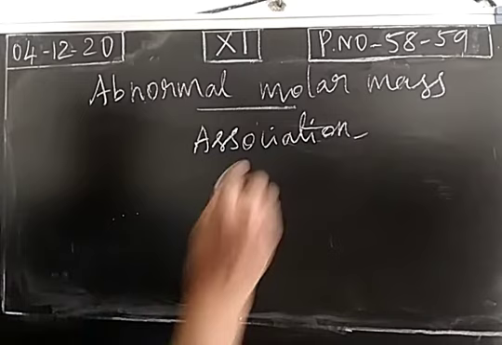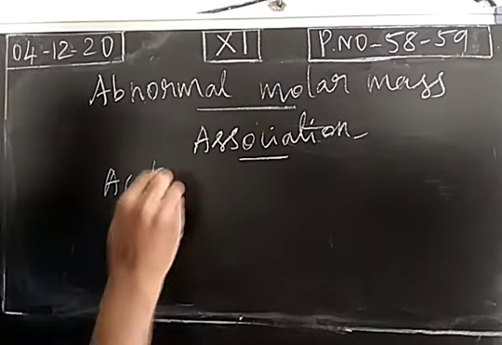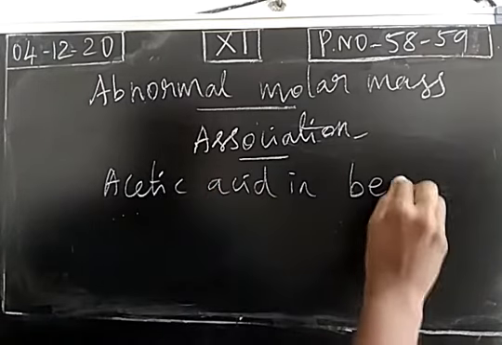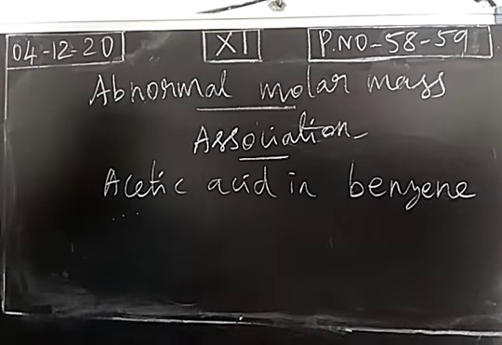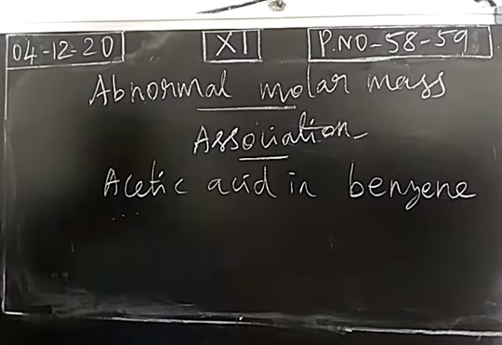So we are going to dissolve acetic acid in benzene. Acetic acid is a weak acid which is added with benzene. In between the acetic acid molecules, there is already an intermolecular hydrogen bonding.